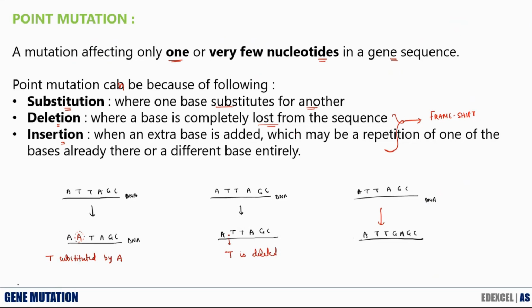So here this G that came over here is your extra thing, right? G is inserted. This is your extra codon. So these are some examples of the same thing. Now in all these cases, what will happen? The protein may get altered.